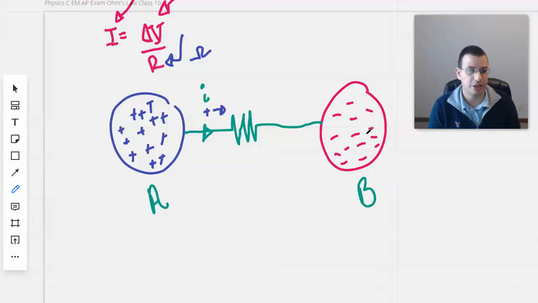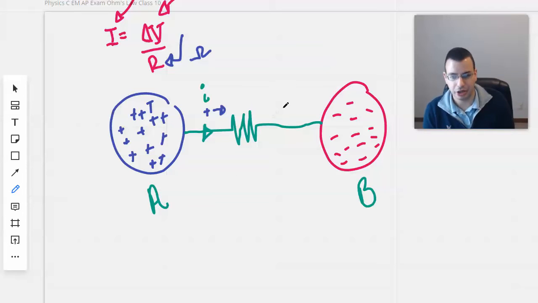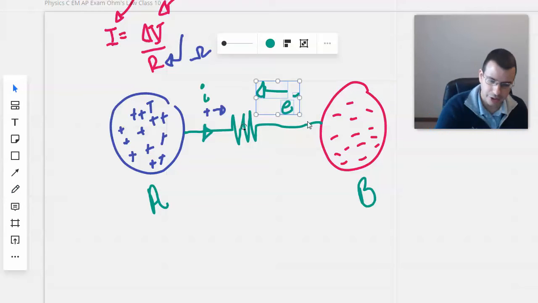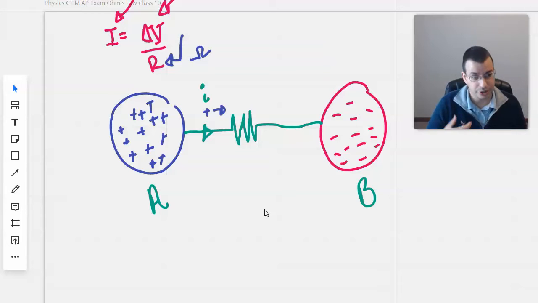Now we know in reality, only negative charges move. So these are a bunch of negative charges, and over here is the absence of negative charges. And so we're going to have electrons moving from left to right. Ooh, from right to left. But by convention, we say that current is positive charges moving in the positive direction.